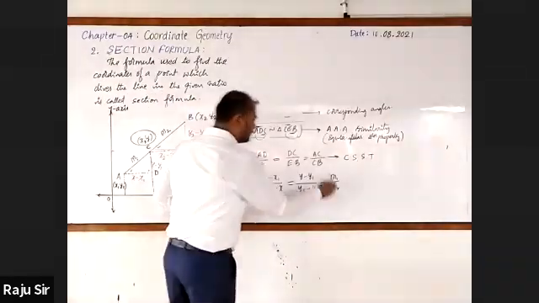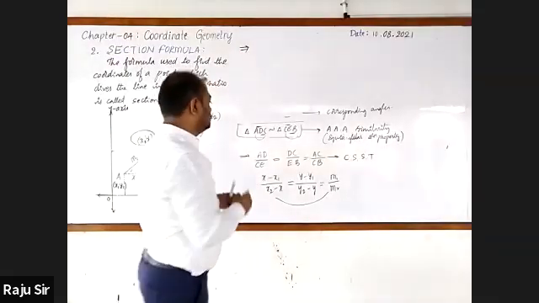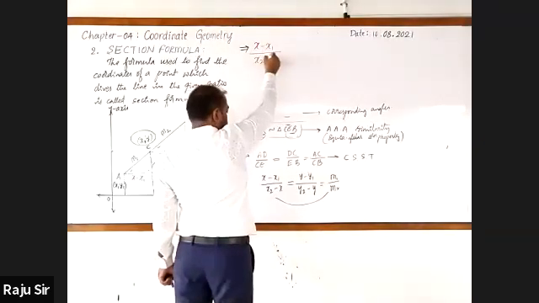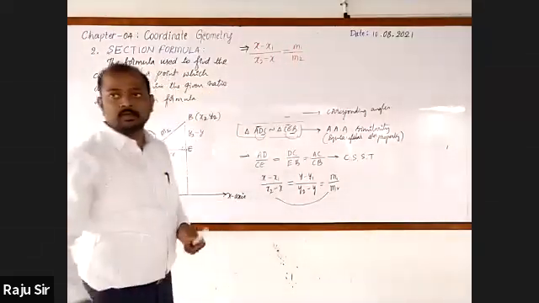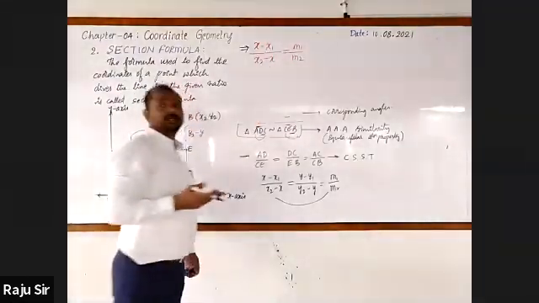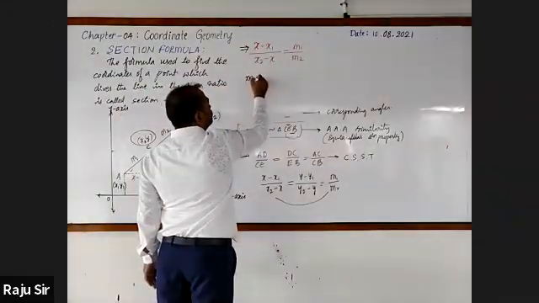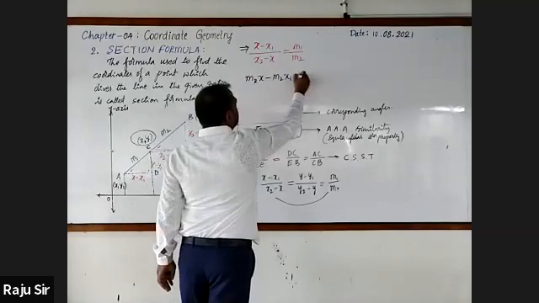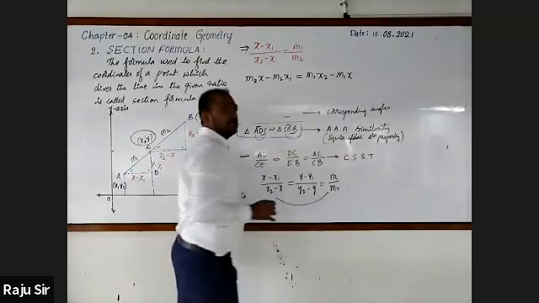Let us go for taking the first and last. It is x minus x1 by x2 minus x is equal to m1 by m2. Cross multiply. Here m2 x minus m2 x1 is equal to m1 x2 minus m1 x.